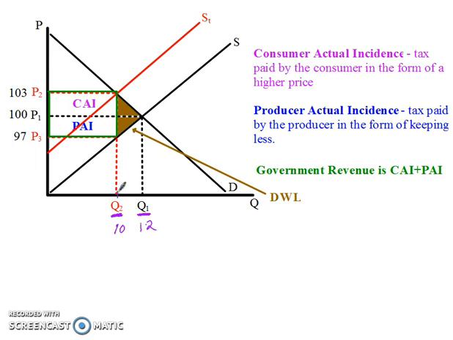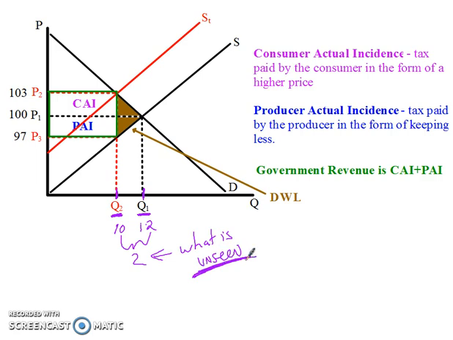So these extra units from Q2 to Q1, those extra 2 units of the product, people used to buy those and they used to enjoy them, and now they don't. Okay, the economist Henry Hazlitt would maybe have called this what is unseen. This is the unseen loss as a result of the tax.